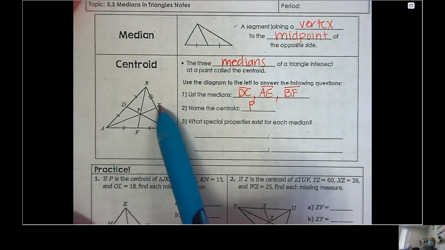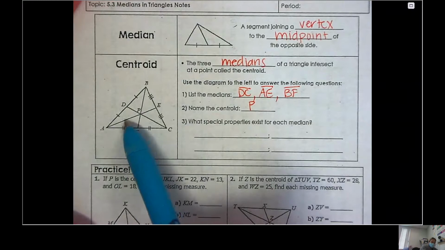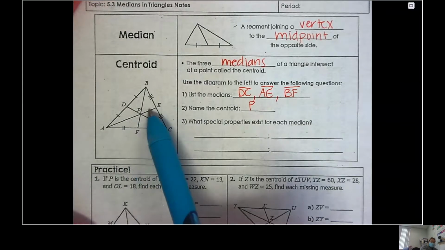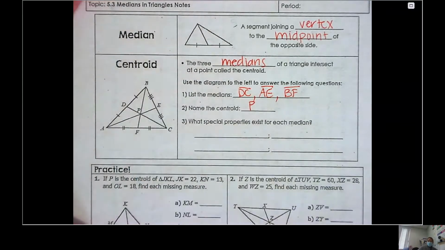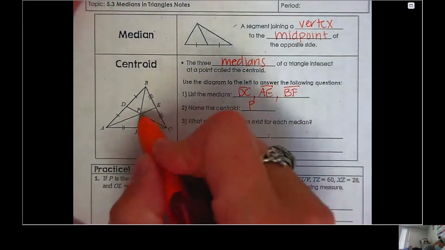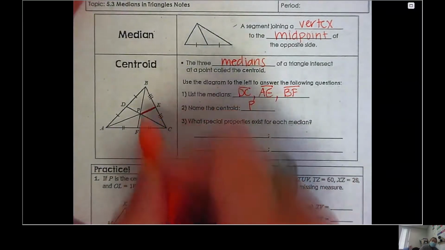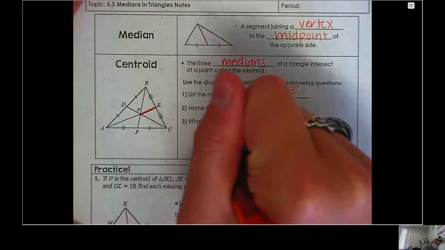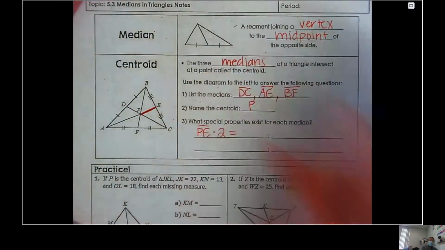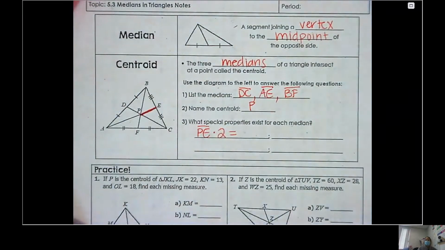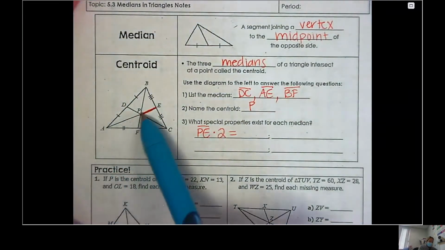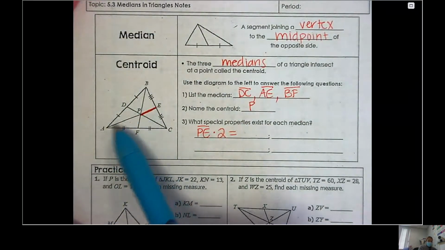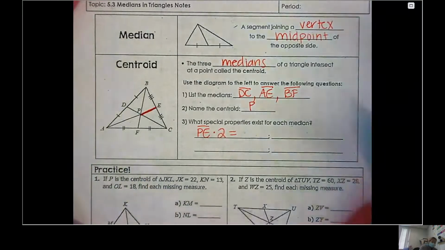Which piece is the smaller piece of that segment, AP or PE? PE is the smaller piece. So if I multiply PE times 2, I should get the longer segment. What's the longer segment of that median? AP.